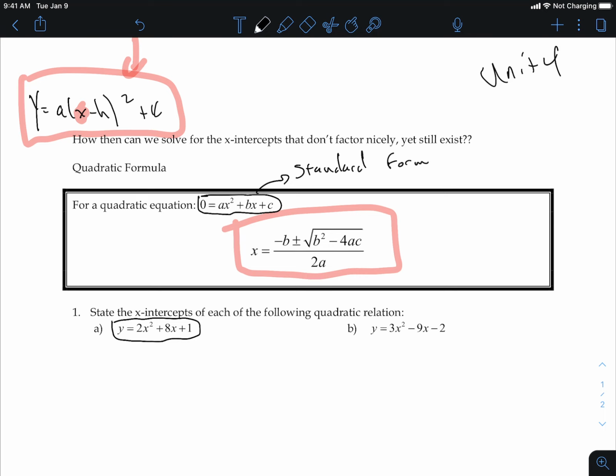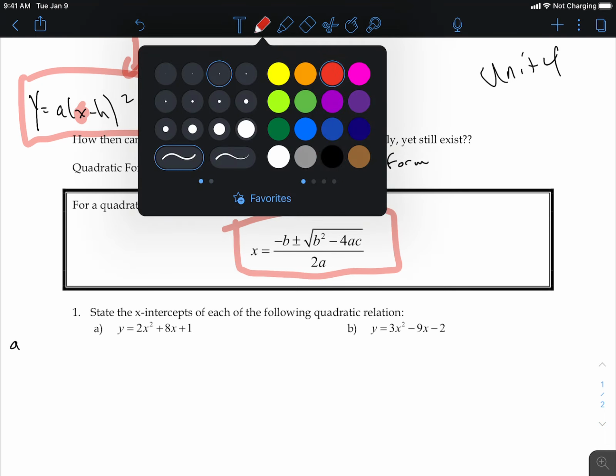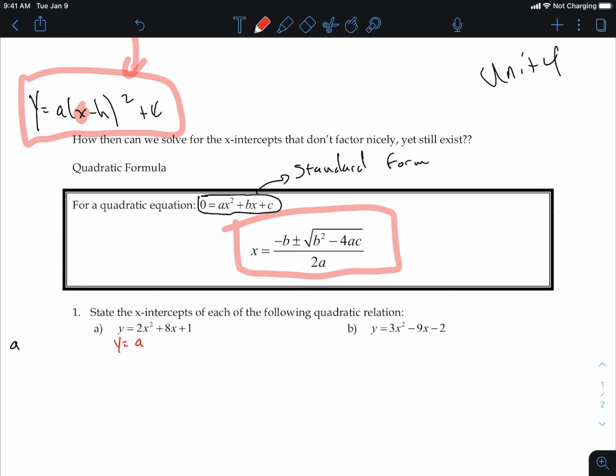So here's what I always do. I would recommend doing it this way. You never make a mistake. I'm just going to write standard form underneath. You don't have to do this every time. This is just for me to illustrate what's what.